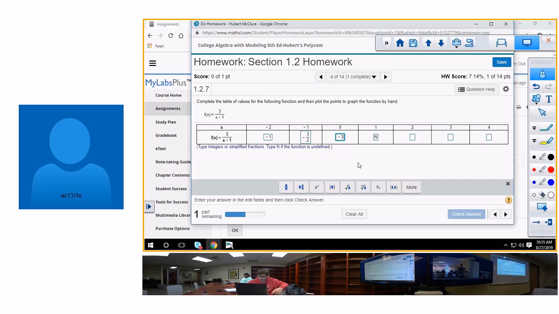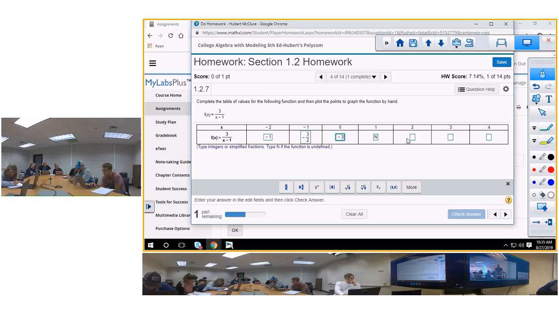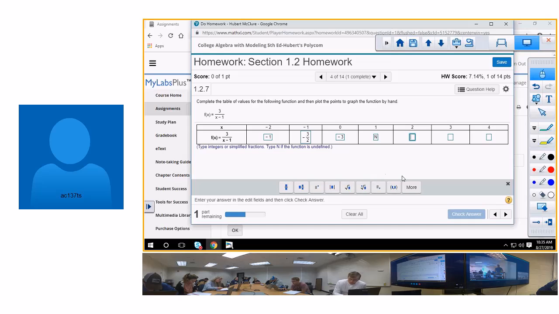That makes it negative. 3 over 1 is 3. 3 minus 1 is 2. That'd be 3/2. And 4 minus 1 is 3. That'd be 1. So make sure you can plug and chug into that function also.